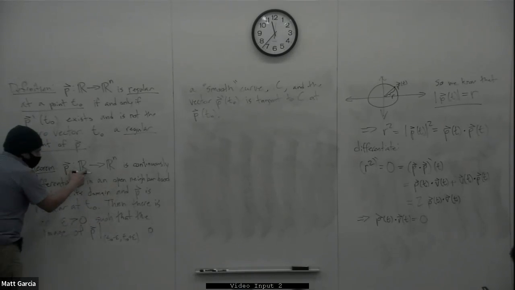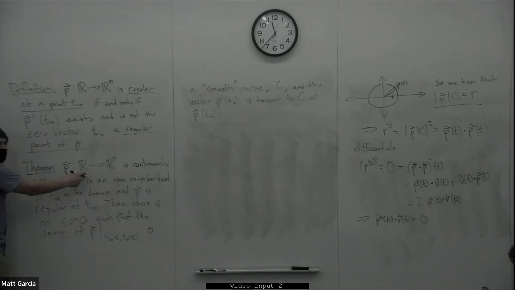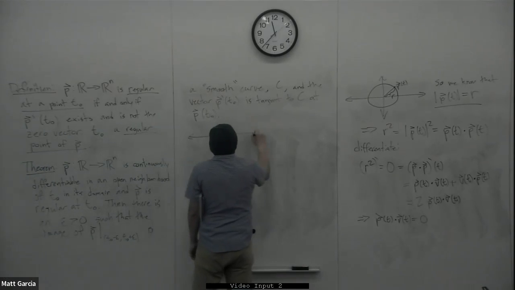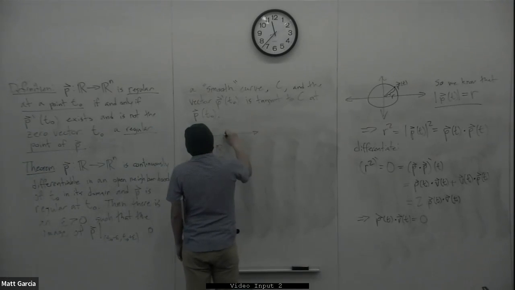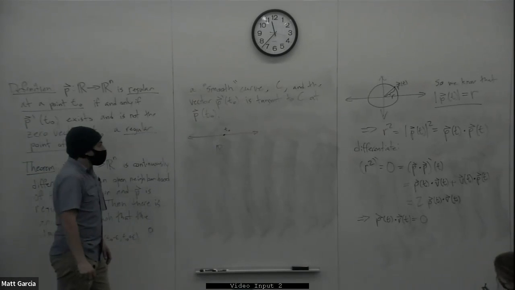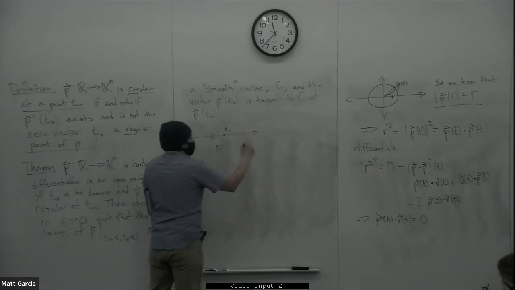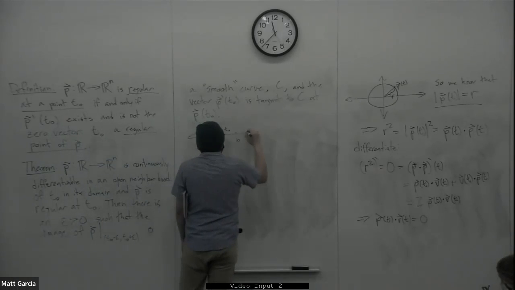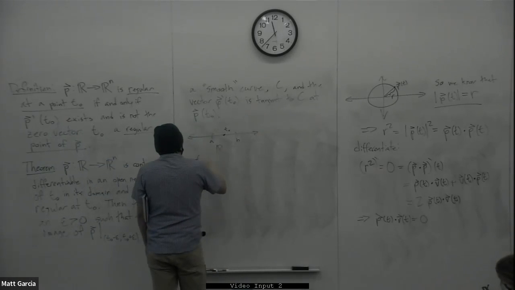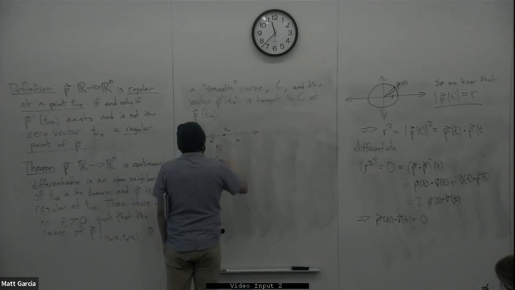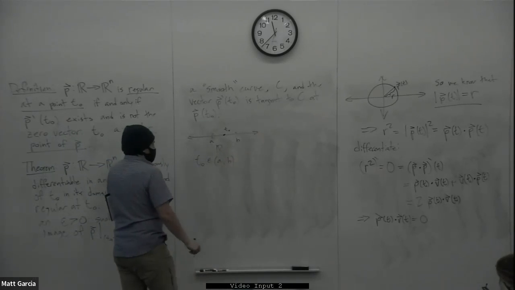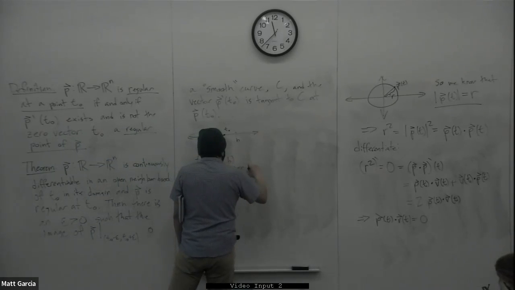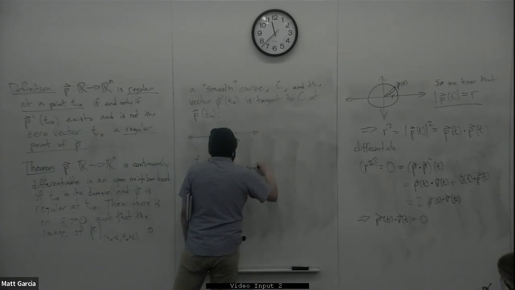Okay, so remember we're in R here. The R is the domain of p hat, right? So here's R, and here's this point where p hat is regular, t naught. An open neighborhood around t naught is just an open interval, a, b. So we write t naught is an element of the open interval (a, b).